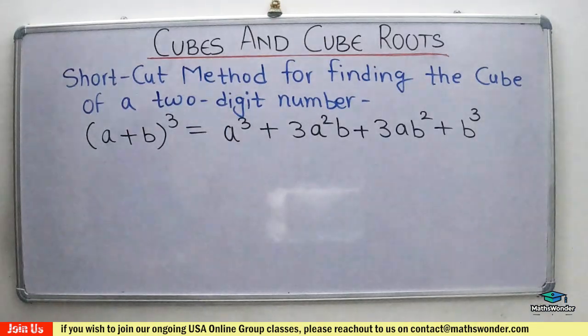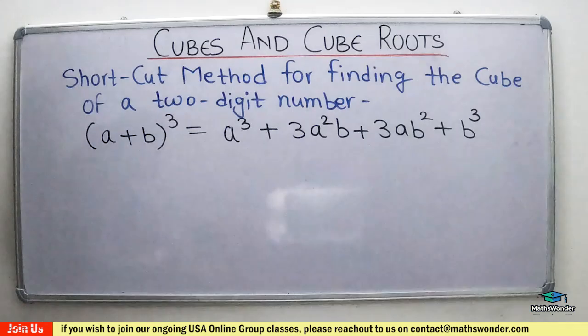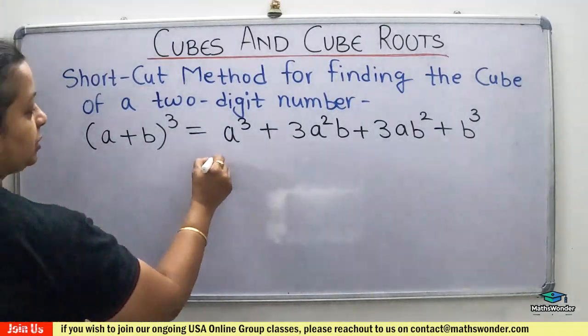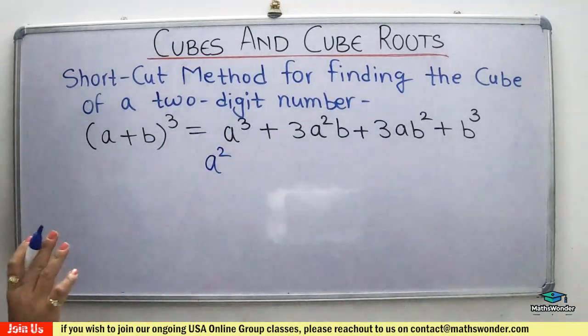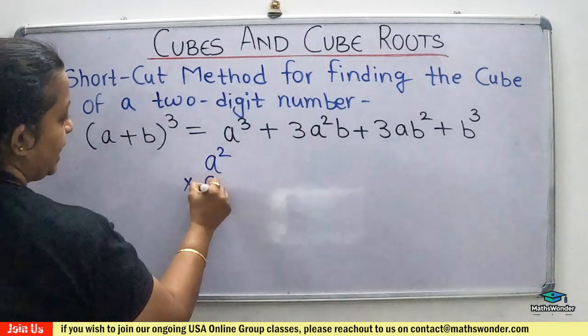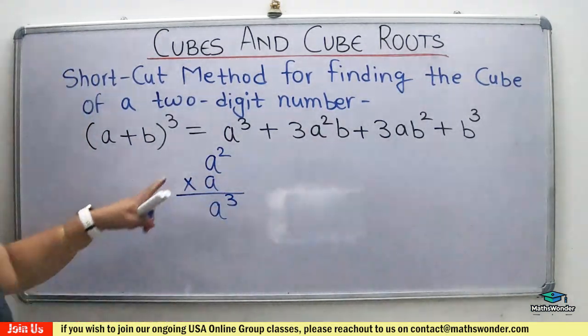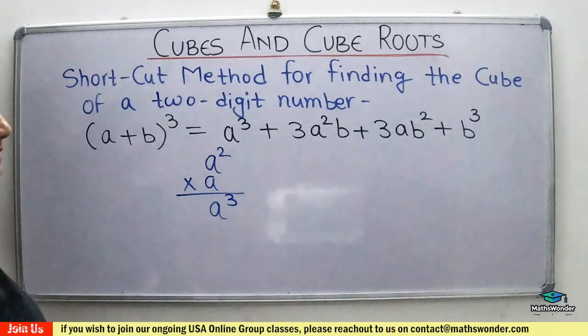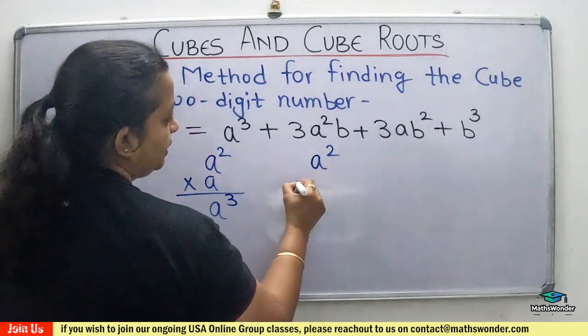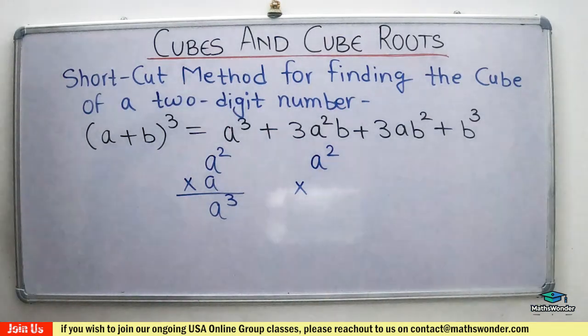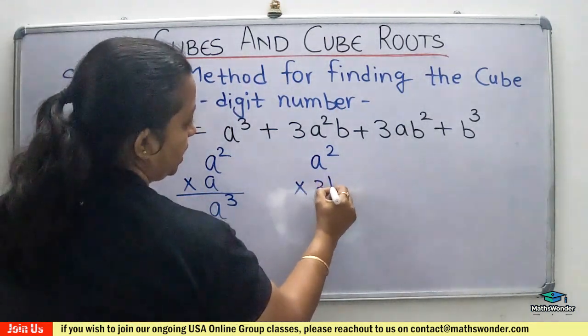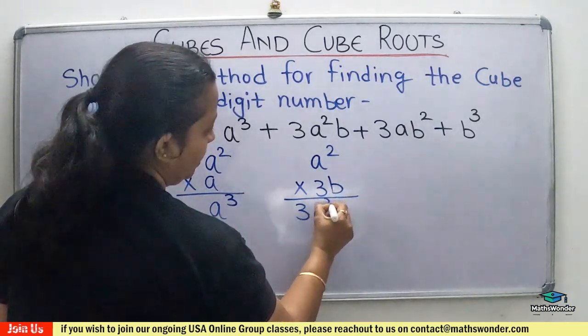Now the procedure is the same as followed in squaring a number by the column method. We simplify the working. Suppose this is a cube. You break a cube down into a square times a, which becomes a cube. The second column is a square times 3b, which gives 3a square b.